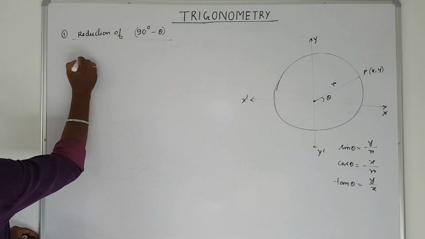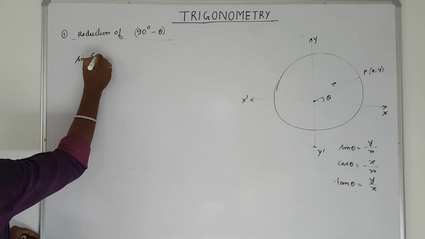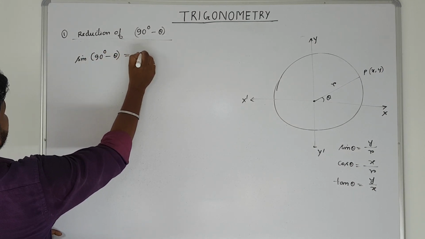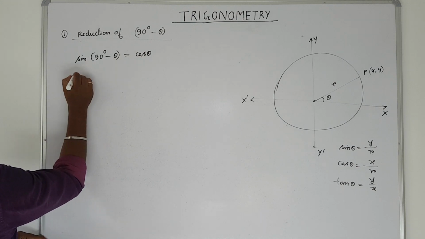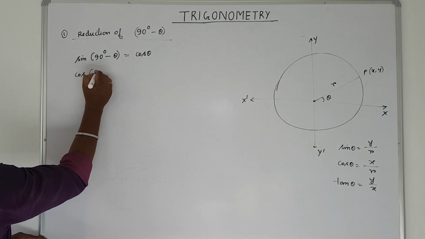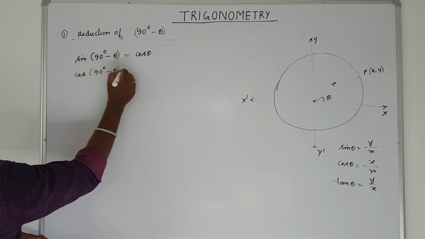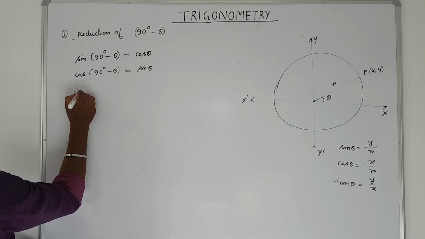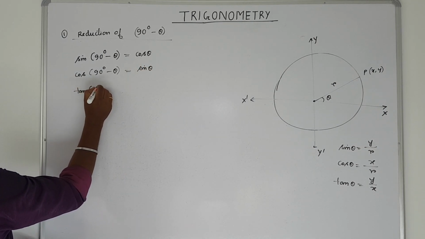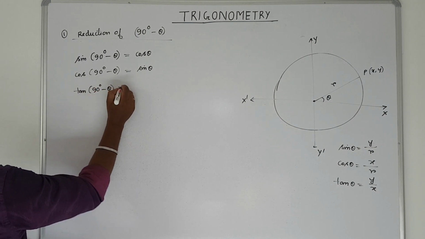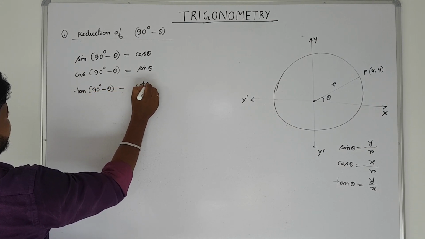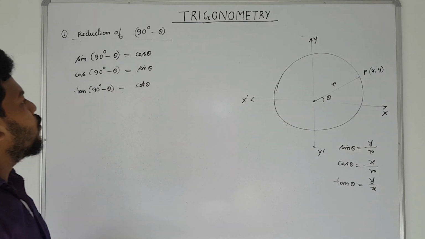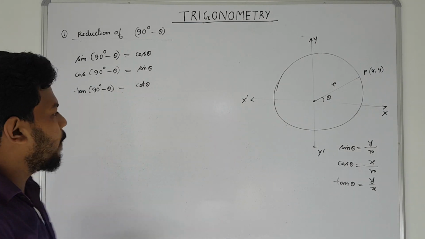We can write sine of 90 degree minus theta is equal to cos theta, cos of 90 degree minus theta is equal to sine theta, tan of 90 degree minus theta is equal to cot theta. But how? So we will use geometry to prove this.